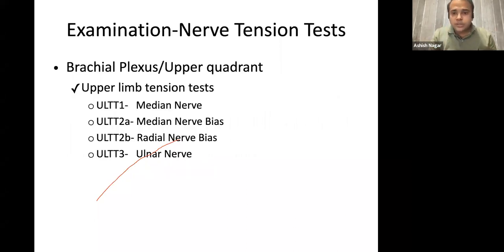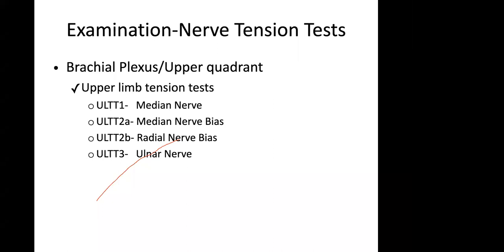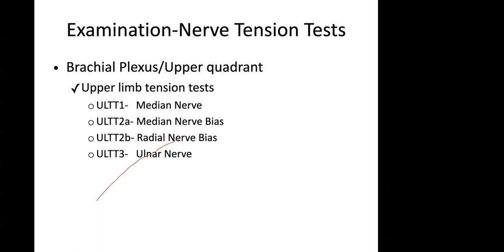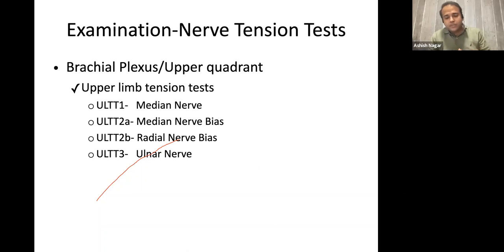Let's come on to the neural testing now. We will talk about the 3 major nerves in the upper limb: median nerve, radial nerve and ulnar nerve. This is also called the upper limb tension test. Now the thing to think about is why they did not number it 1, 2, 3, 4, but 1, 2A, 2B and 3. The reason is that ULTT2 presents with a specific patient and examiner's position.